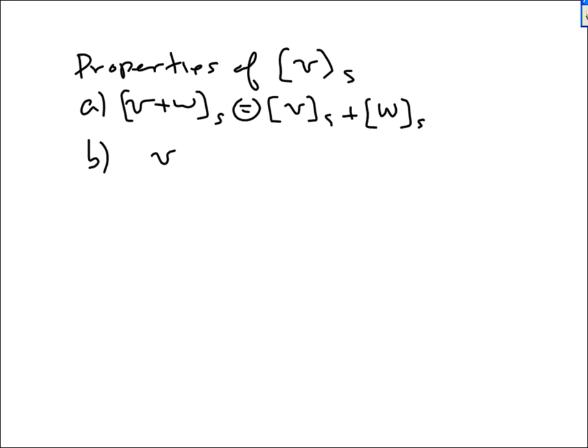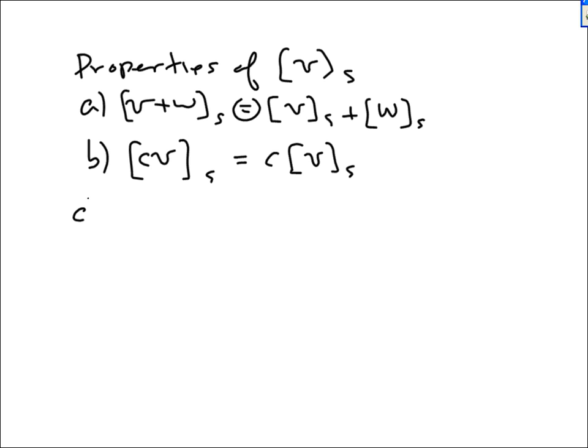If you have a vector v and you scale it by c, the coordinates of that vector with respect to basis S is the same as just finding the coordinates of v with respect to S and then multiplying that by c.